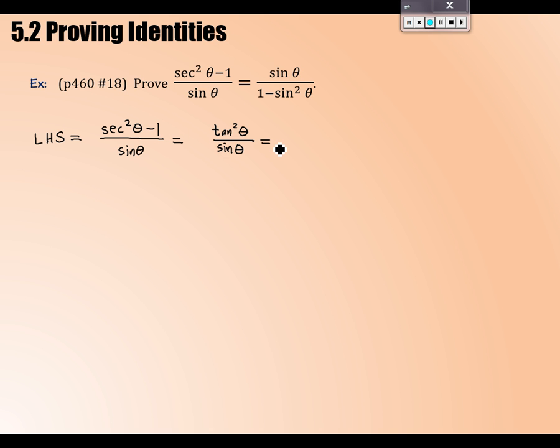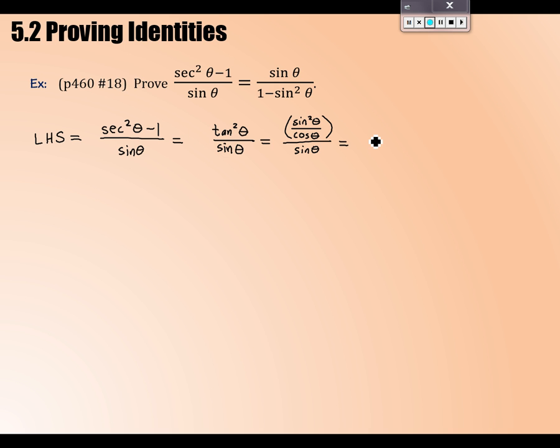Tan squared is sine squared over cosine squared. Like I said, you've got to be comfortable with fractions within fractions here. And if you can see it right away, then maybe you can cancel things out.